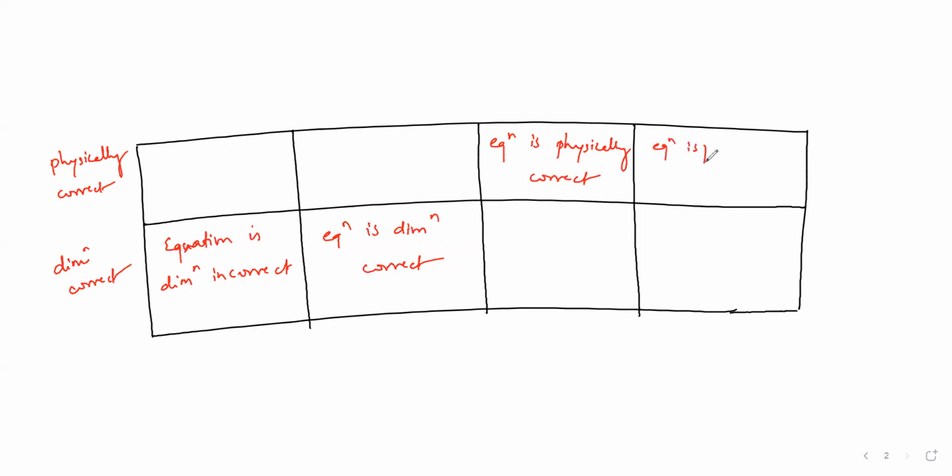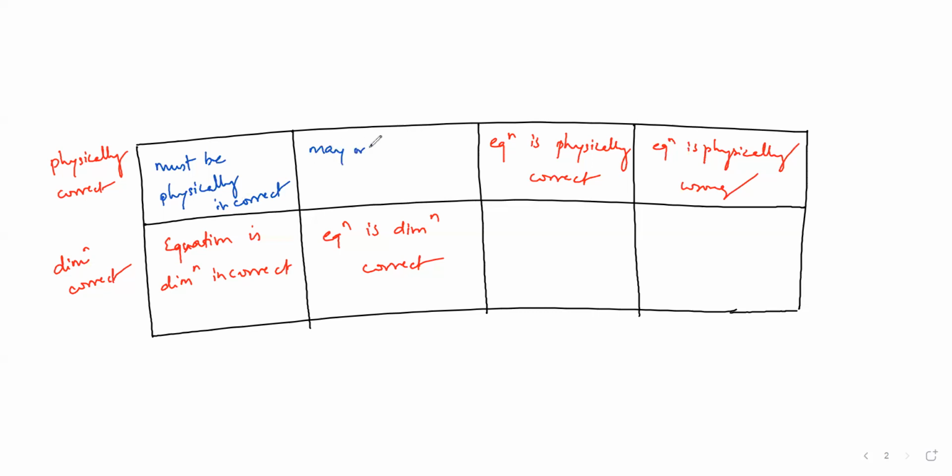Equation is physically wrong. What will happen? Number one, equation is dimensionally incorrect. So it must be physically also incorrect. Equation is dimensionally correct.